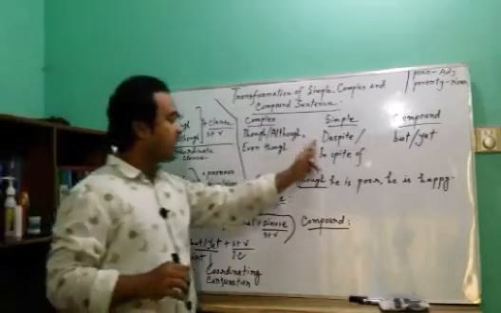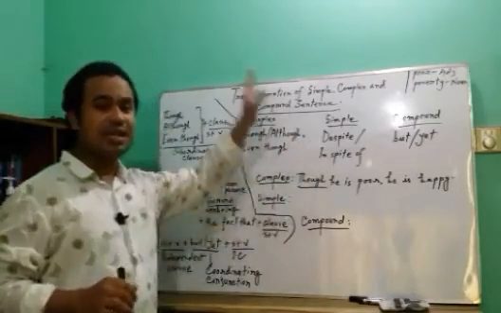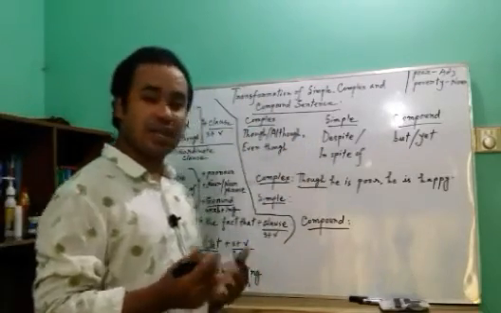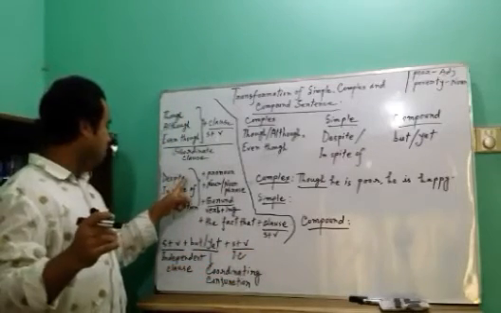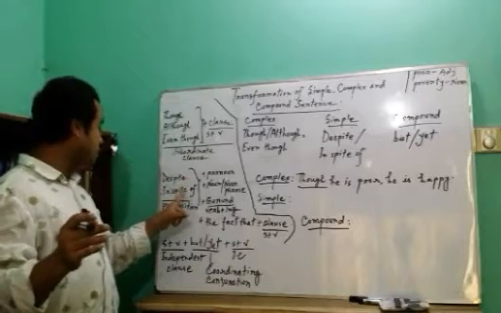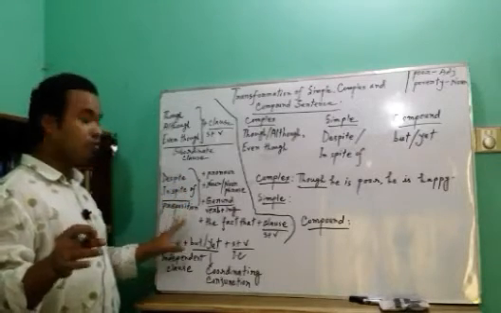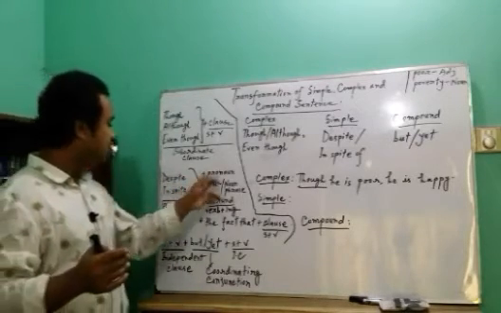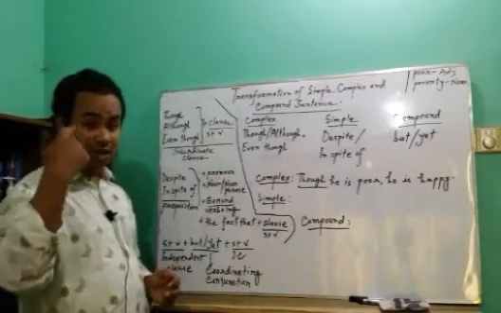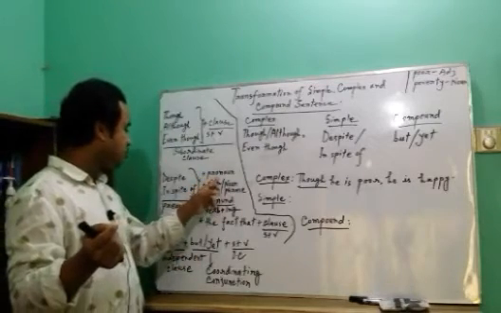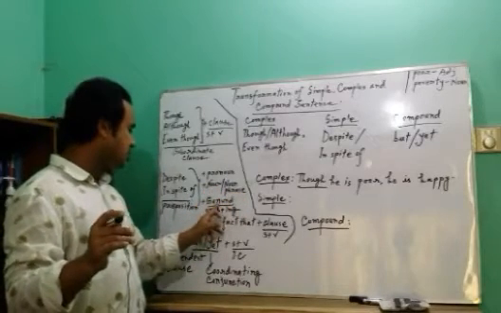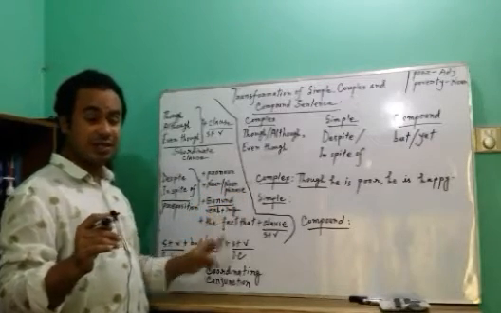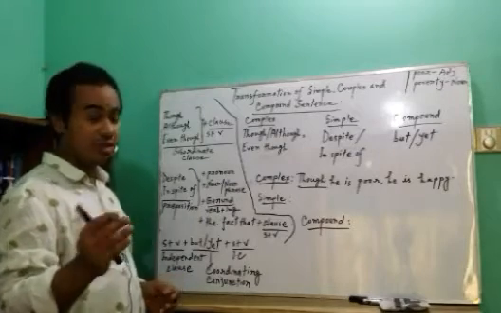Then, despite or in spite of, as these are prepositions, these are not conjunctions. After despite or in spite of, we use either pronoun or noun phrase, based on the context. Or gerund, it means verb plus ing. When do we use gerund?